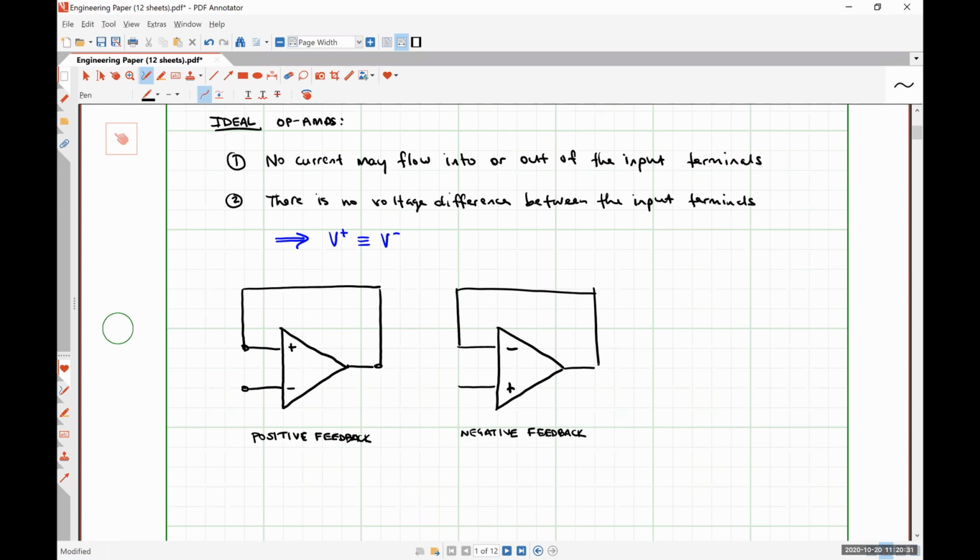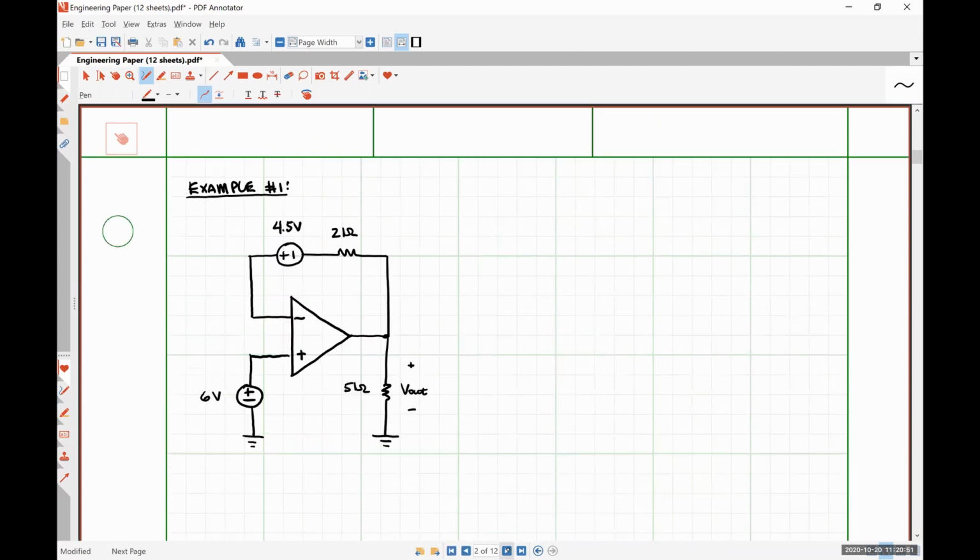And again, this occurs when we have a signal path connected between the inverting input terminal and the output terminal. And you'll see that all of the examples that we're going to work here in Circuits 1 are examples of negative feedback. So let's take a look at our first example.